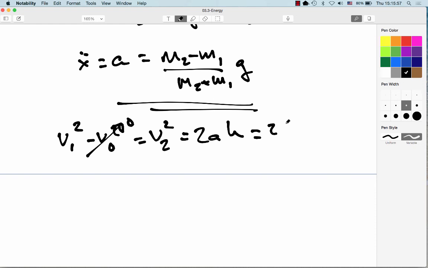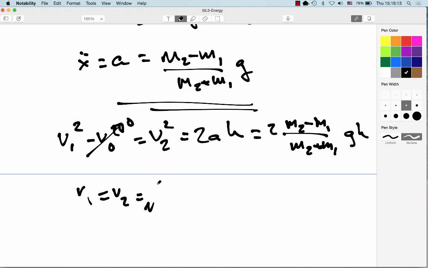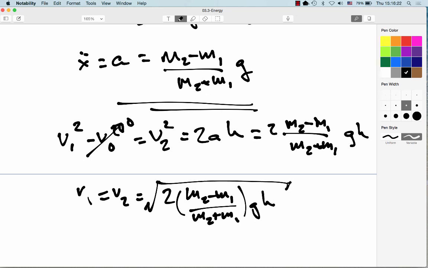So this is 2 times M2 minus M1 over M2 plus M1 gh. And then to get v, we can just take the square root. So v1 equals v2 equals the root of 2 times M2 minus M1 over M2 plus M1 gh.